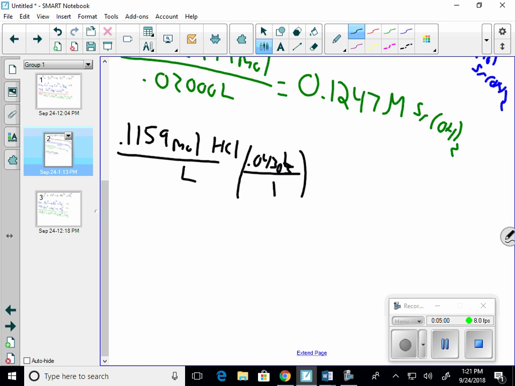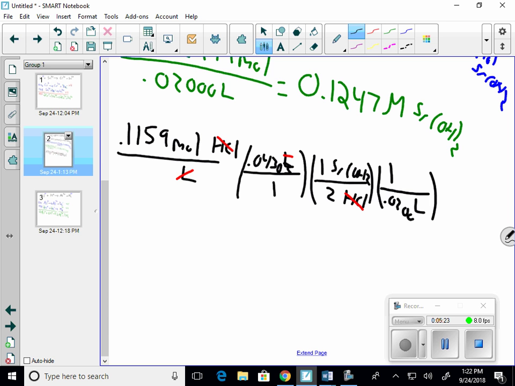That way liters cancels out here and here. Gives me moles of HCl. Then there's 1 strontium hydroxide for every 2 HCl. That allows HCl to cancel out. I'm now in moles of strontium hydroxide. There's my 20 milliliters. It's the same 3 steps, but I just do it all in a row and then I solve.